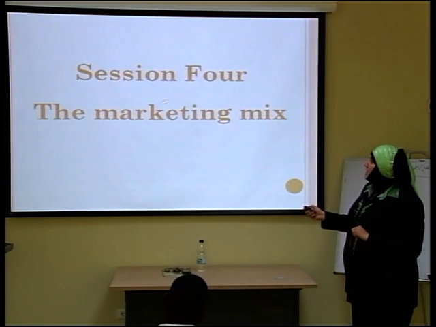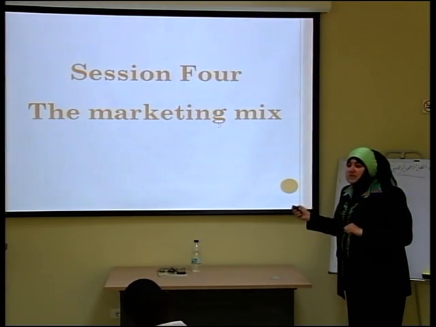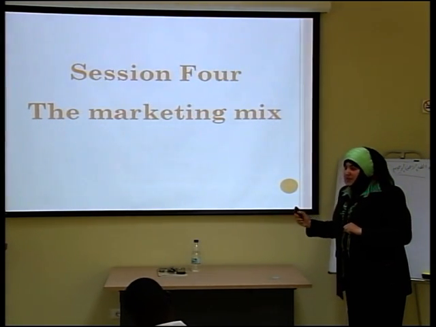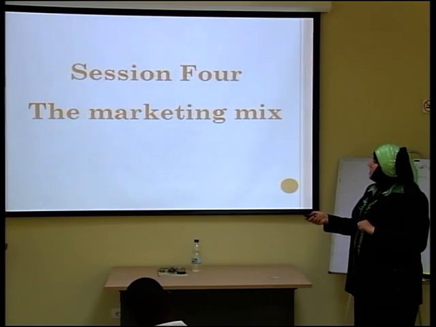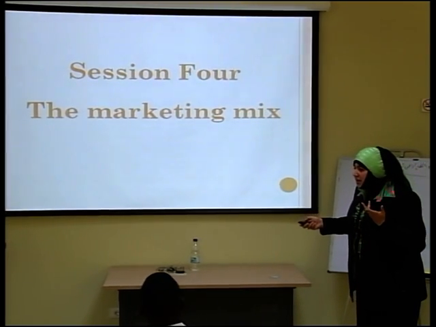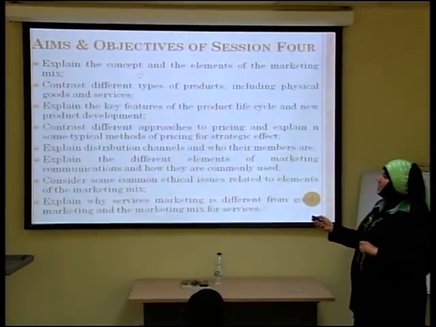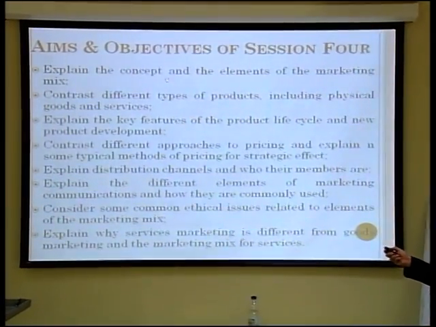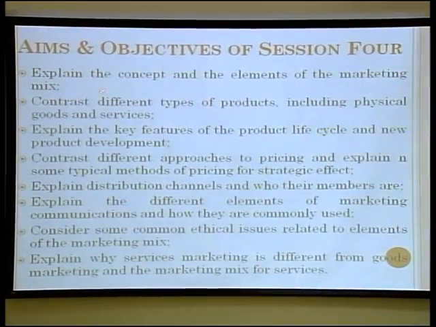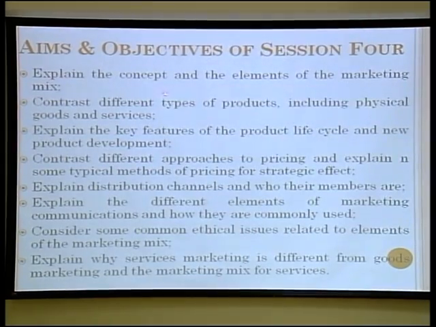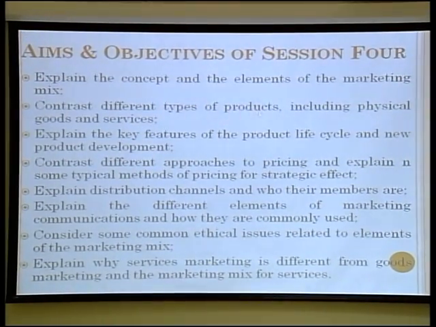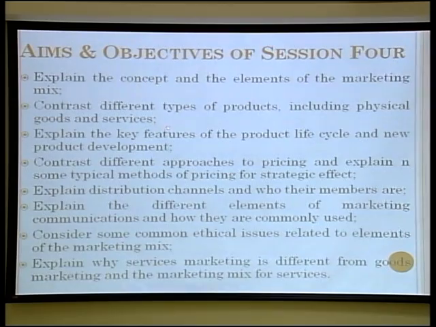Session 4 is about the marketing mix. How should we start? By aims and objectives. Explain the concept and the elements of the marketing mix. Contrast different types of products, including physical goods and services.